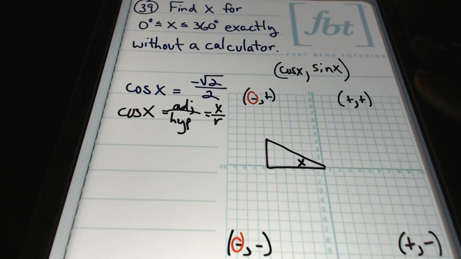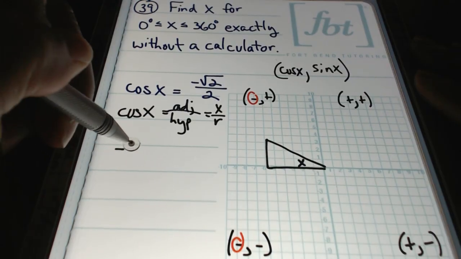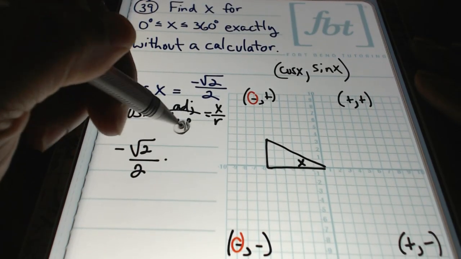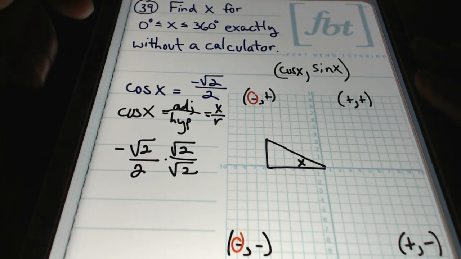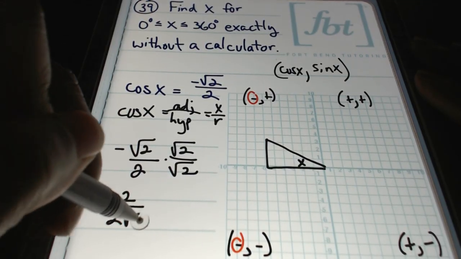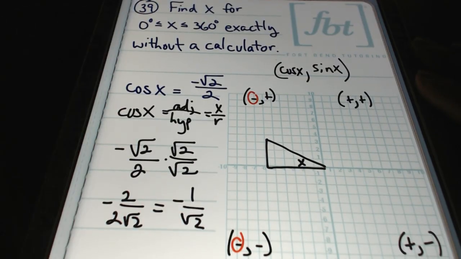Let's take this negative square root of 2 over 2, guys. Let's put it back the way it was. What I mean by that, if you multiply this back as square root of 2 over square root of 2, you would end up with a negative 2 over 2 times the square root of 2, and you would end up reducing this to negative 1 over the square root of 2.